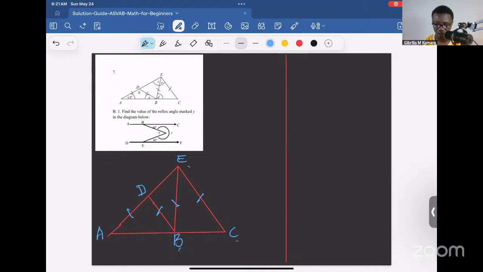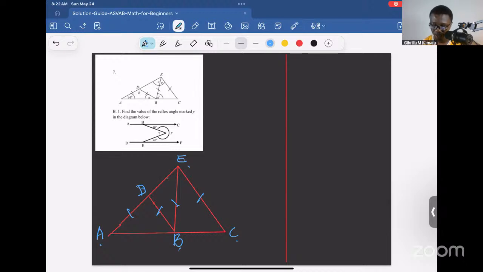Same way, triangle ABD is also an isosceles triangle. In fact, all the three of them are isosceles triangles. Same way as DEB. They are all isosceles triangles.